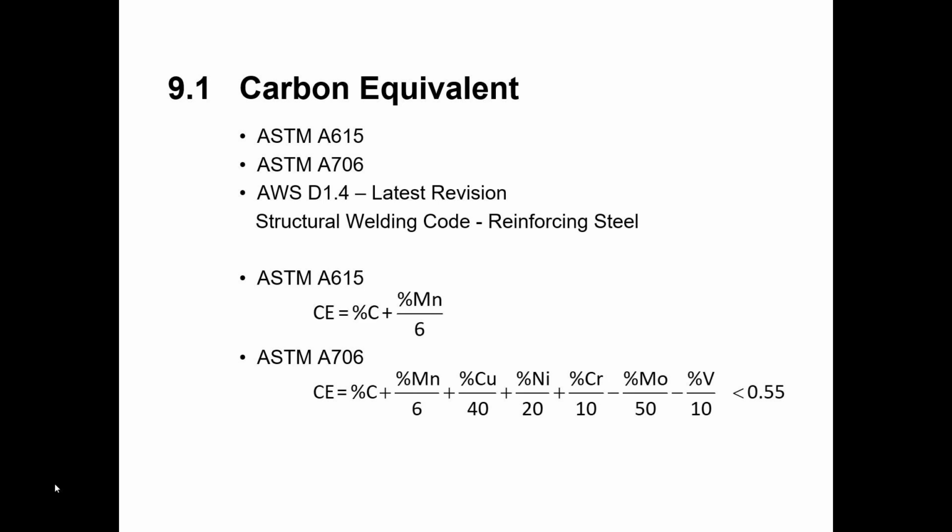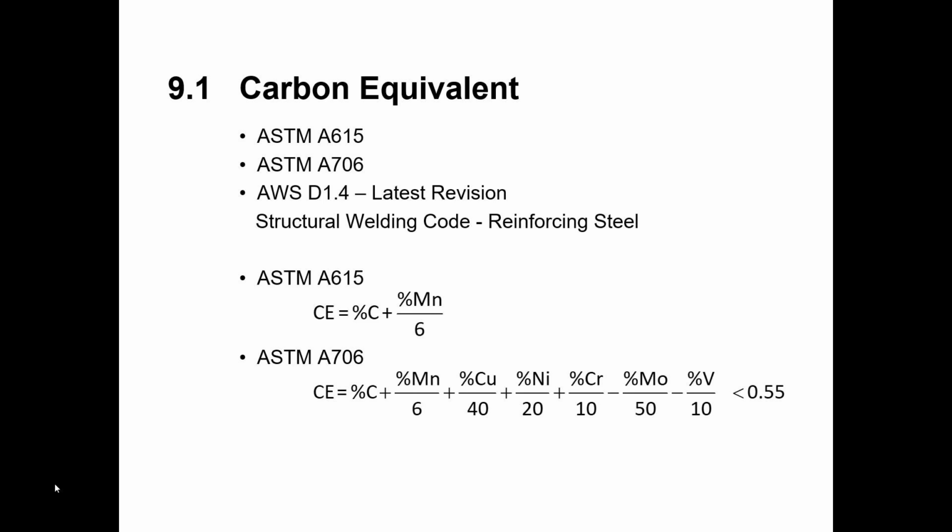The alternative would be, it's still the same tensile strength of steel, but ASTM A706 steel. And this basically just means that the chemical makeup is such that it has a slightly lower carbon equivalent on average.